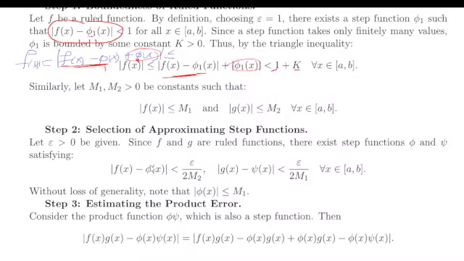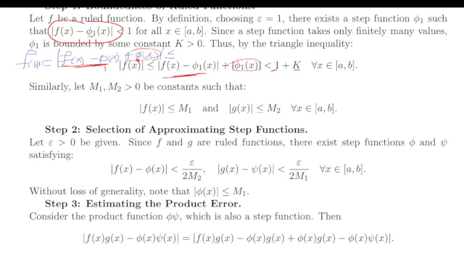Now if we let epsilon be greater than 0, because f and g are ruled functions, there exist step functions phi and psi satisfying the absolute value of f of x minus phi of x is less than epsilon over 2 m2, and the absolute value of g of x minus psi of x is less than epsilon over 2 m1, for all x in the interval.